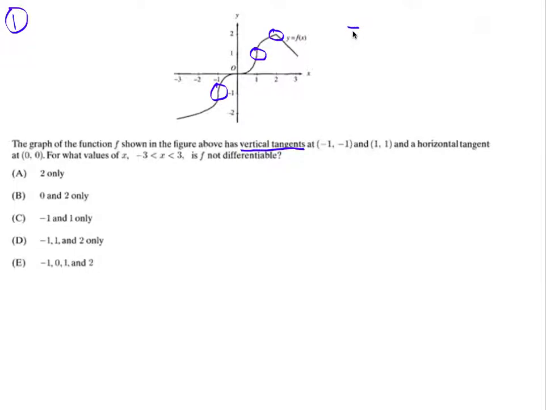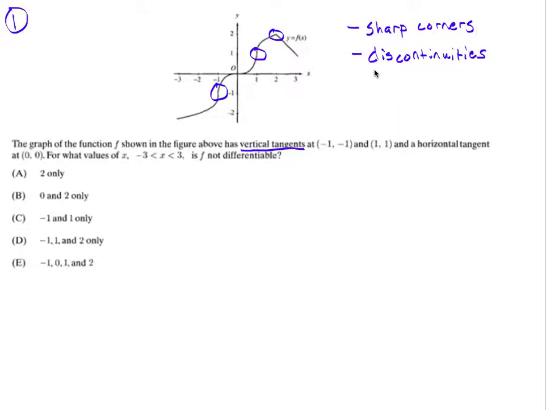Let's list them. So the first thing is sharp corners. The second thing, we have discontinuities. So I'll do a little note here.